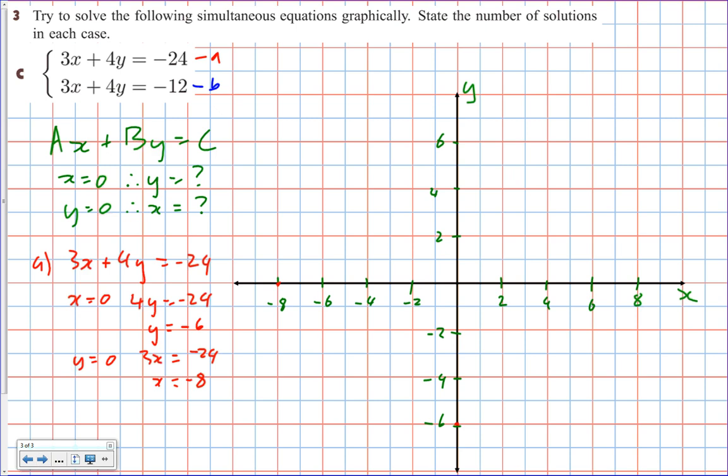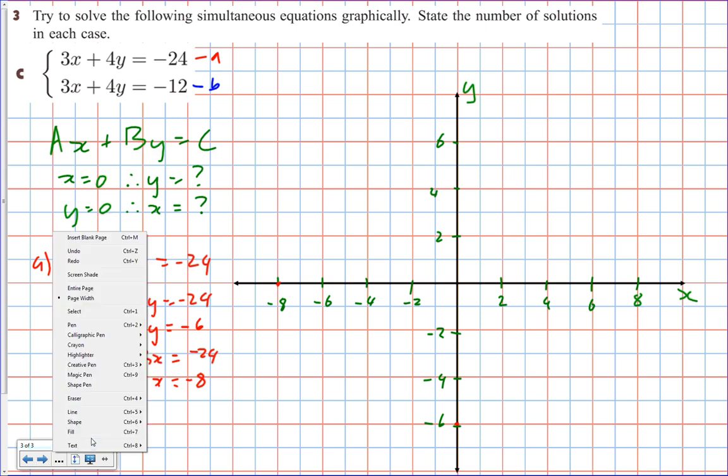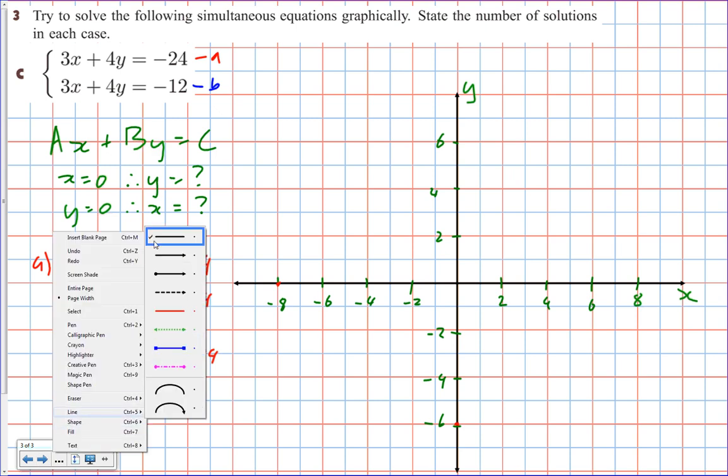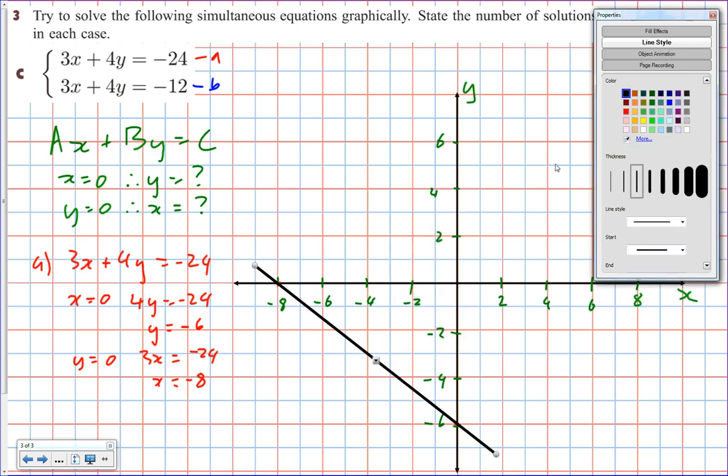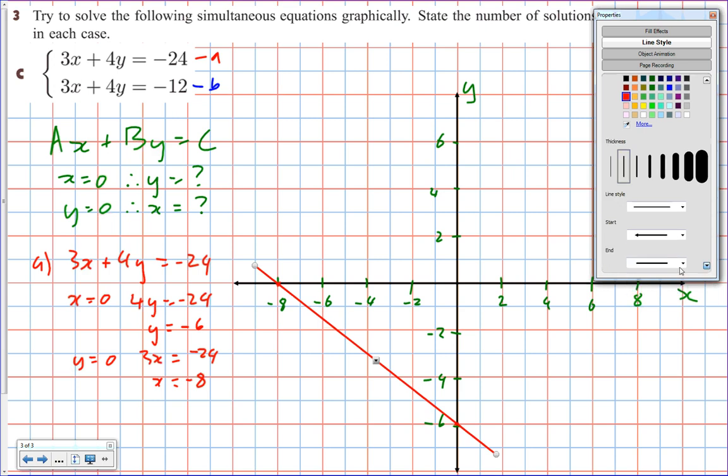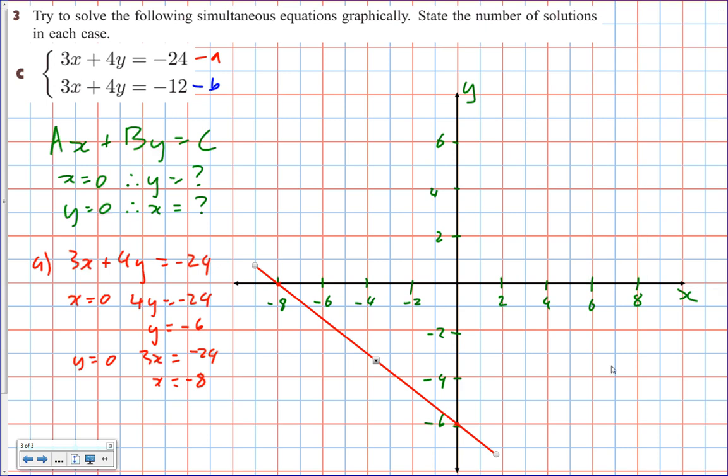So again, drawing them on, grab my line. For my line going through here, just move it that way. Again, going to the properties of the line, make it red, make it thinner. Got an arrow there, got an arrow there. Click off it so I don't accidentally do what I did last time.